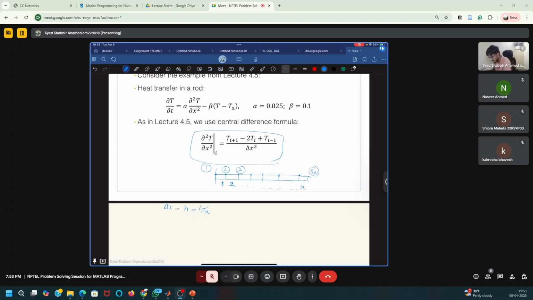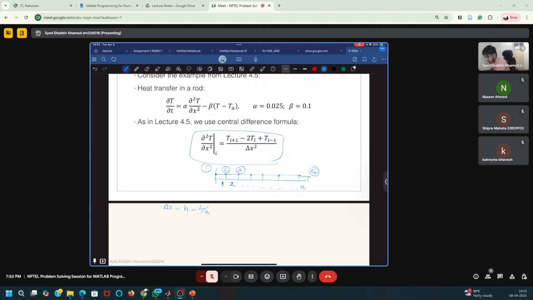But because this is a transient state problem, here the temperature at each point will be varying with respect to time. After some certain point of time, it will reach a constant temperature. If it reaches a constant temperature, then we will say that the rod has reached the steady state.